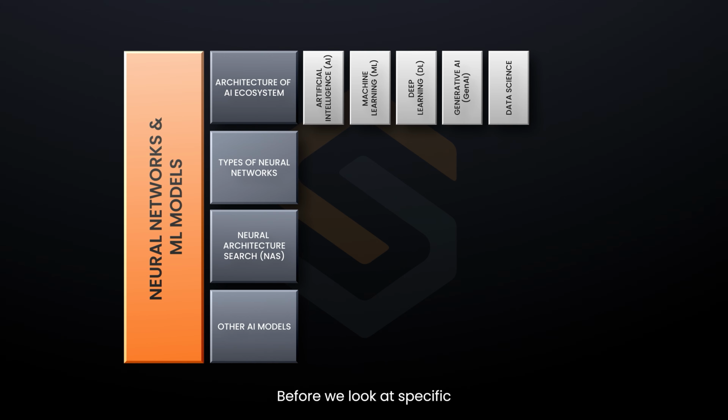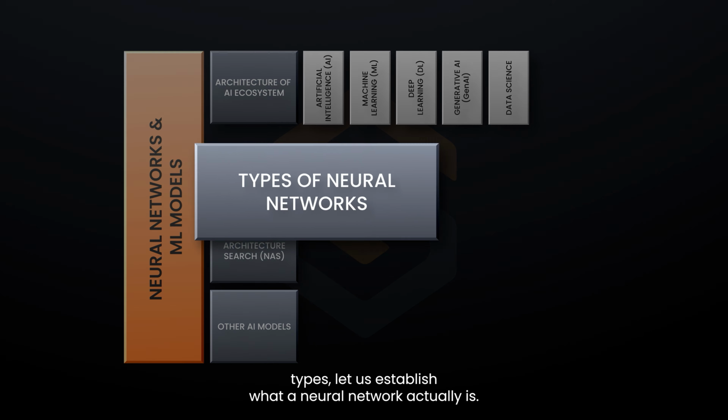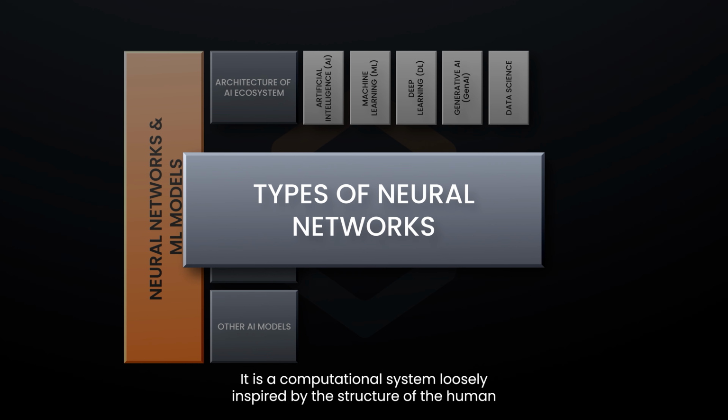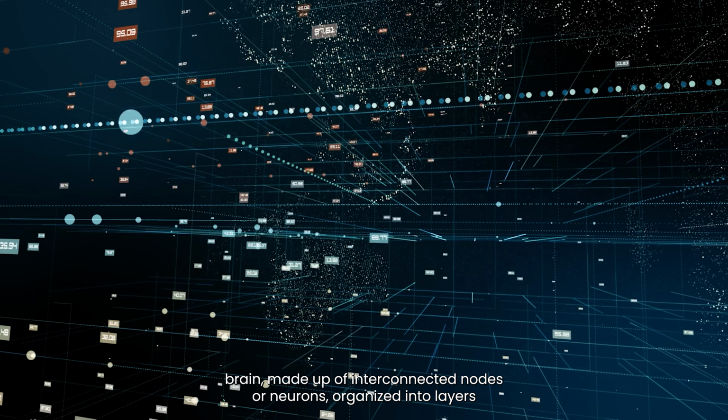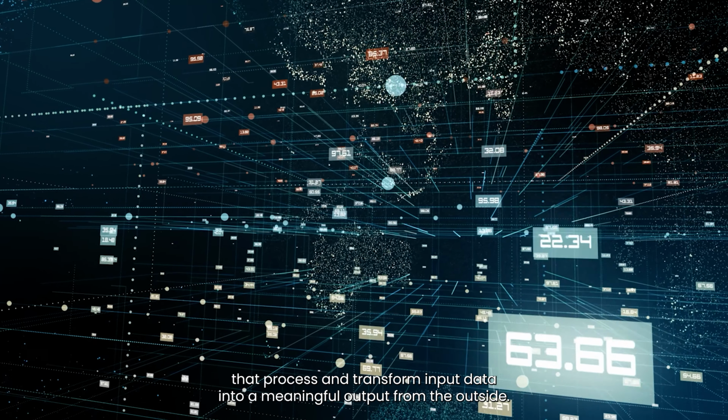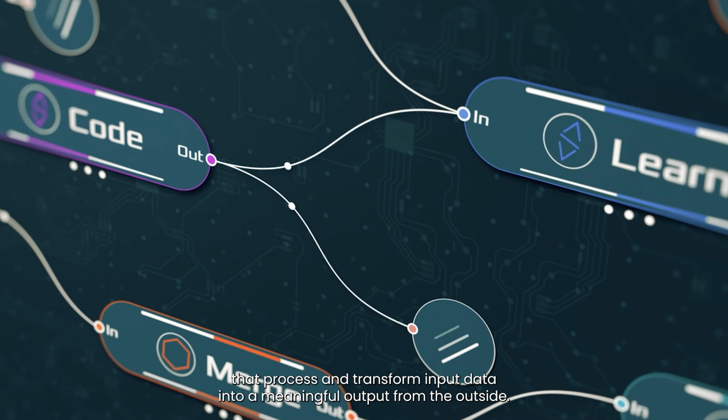Before we look at specific types, let us establish what a neural network actually is. It is a computational system loosely inspired by the structure of the human brain, made up of interconnected nodes or neurons organized into layers that process and transform input data into a meaningful output.